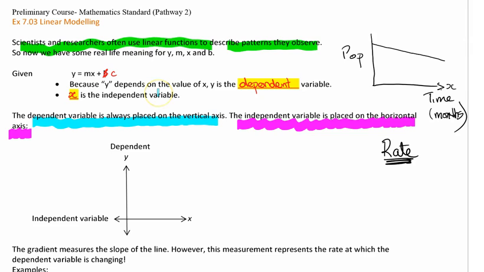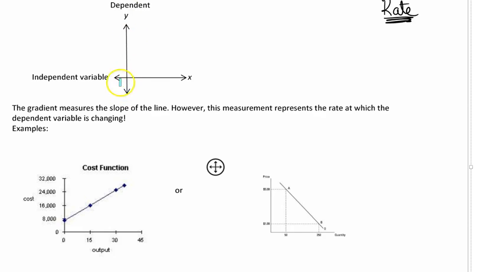If you learn that off by heart, that will help you when it comes to drawing a graph and interpreting the gradient. So you can see here a variation of our x and y in that we're calling the y-axis the dependent axis, or the values for our dependent variable, and the x-axis is our independent variable.